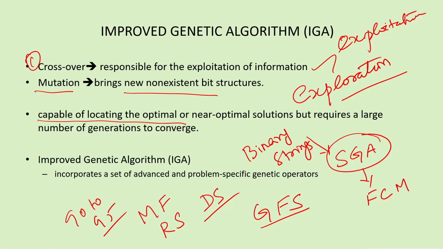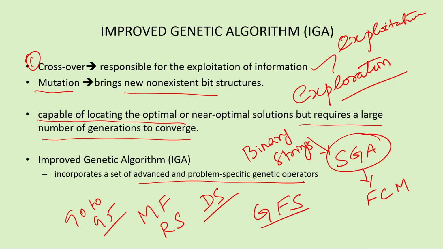When you want to locate the real optimal solution, it needs a large number of generations to converge, that is the general genetic algorithm, or simple genetic algorithm, or binary coded genetic algorithm. So what we are going to discuss here is how to improve the genetic algorithm performance, particularly with the help of some advanced and problem specific genetic operators.